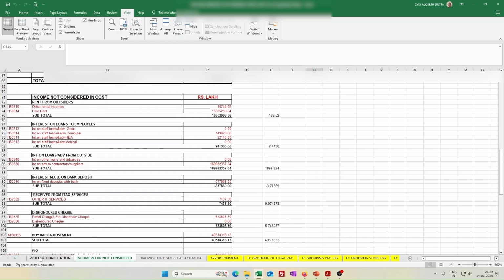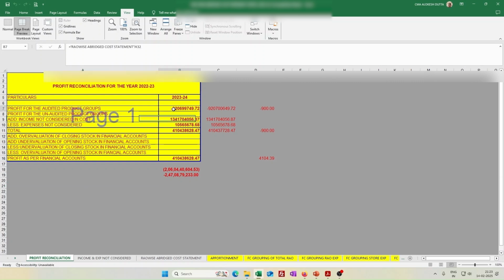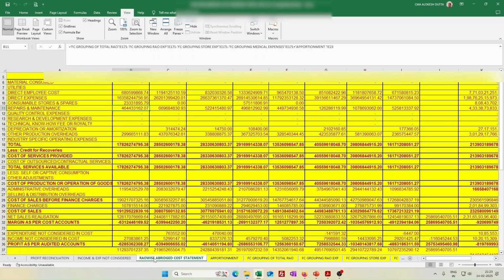Now, how is this figure coming? Profit as per audited product groups, profit as per unaudited, add income not considered and less expenditure not considered, gives profit as per financial accounts. This figure comes from the average cost statement.